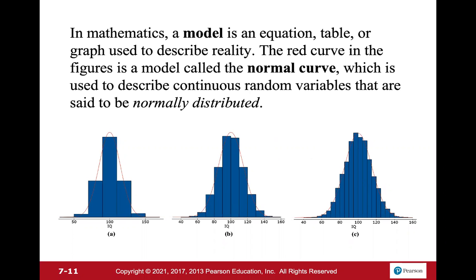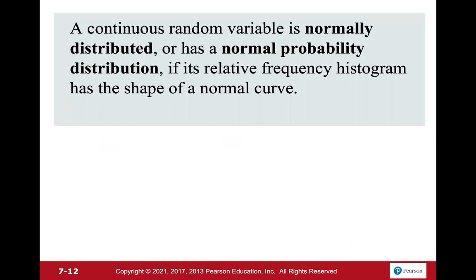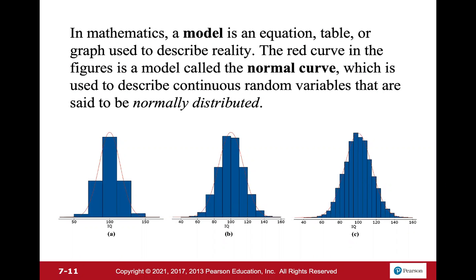A continuous random variable is normally distributed, or has a normal probability distribution, if its relative frequency histogram has the shape of a normal curve. So remember, histograms look just like this, where each bar is touching the one right next to it, if there are any values there.